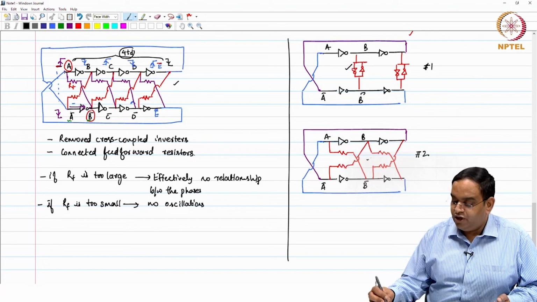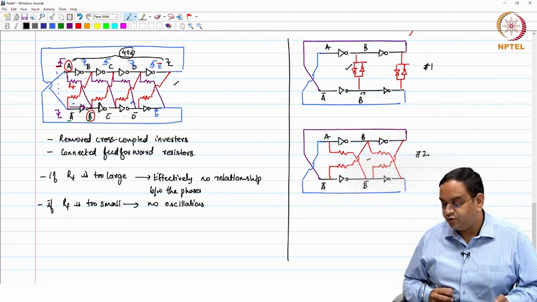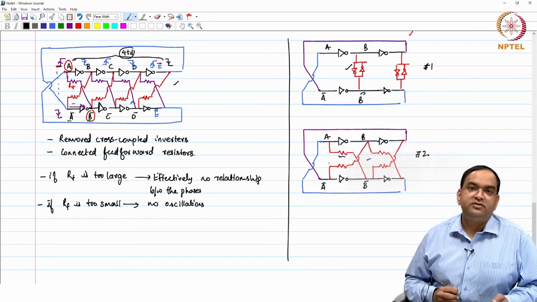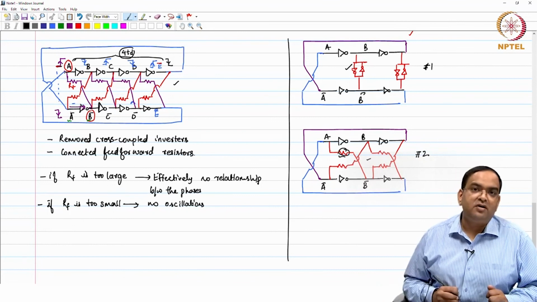But when you have only these 4 inverters in the ring connected like this, with the resistors, it is very hard to maintain that phase relationship, or you can say you have a very narrow tuning range for these resistors to make it oscillate.